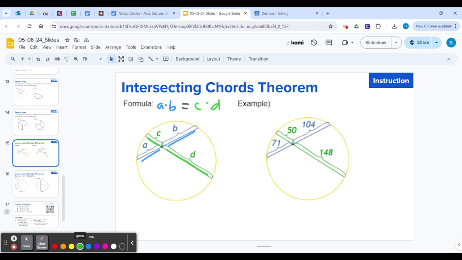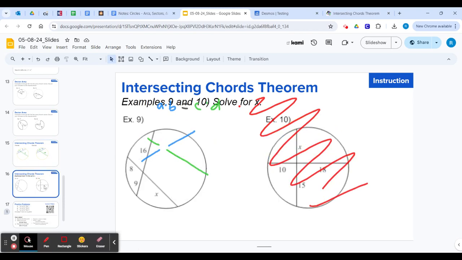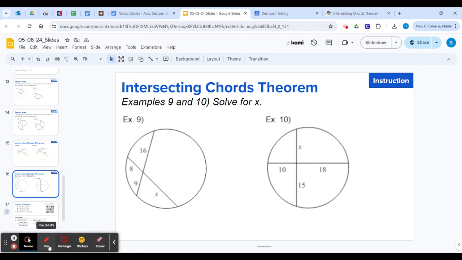The green line goes with the green, the blue line goes with the blue. I want us to actually ignore this example, so cross it out on your sheet here. And we can just go on to example 9 and apply this formula.